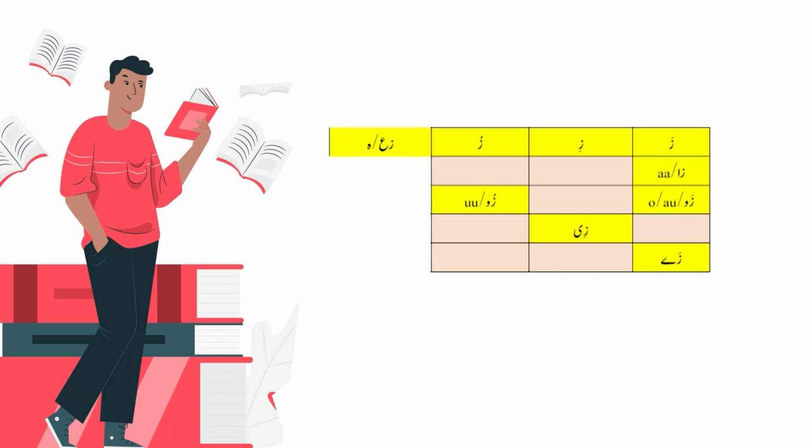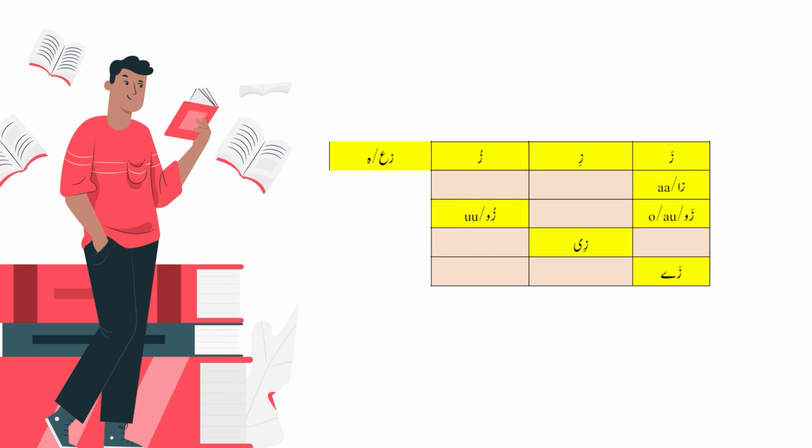Now we'll see the sounds of Ze by inserting these diacritic marks and with long vowels. Insert zabar, it will become Za. With zer, Zi. With pesh, Zu. With jazm, Za. With alif, Zaa. With waw, Zaw. With waw followed by pesh, Zoo. With zer followed by ye, Zee.